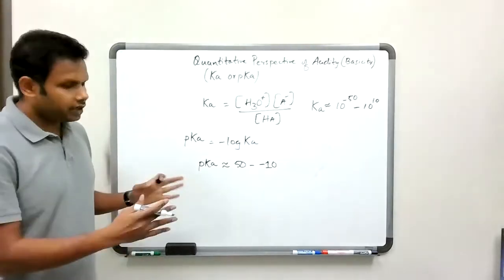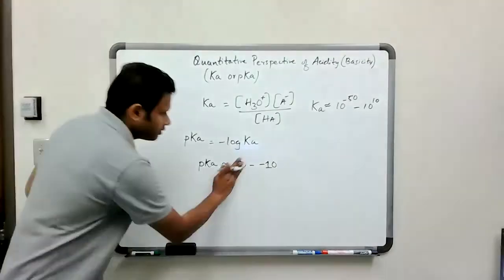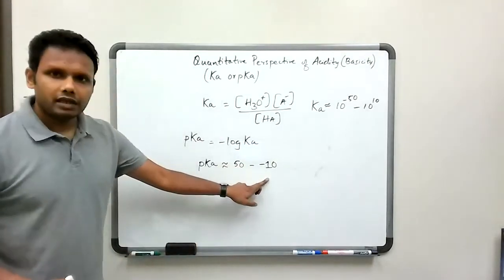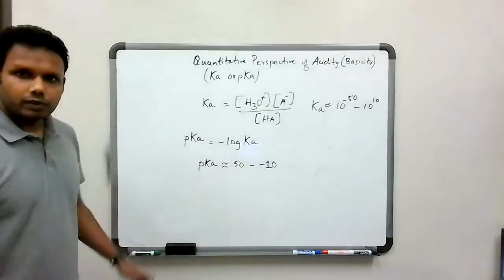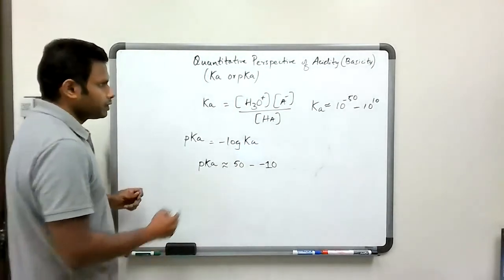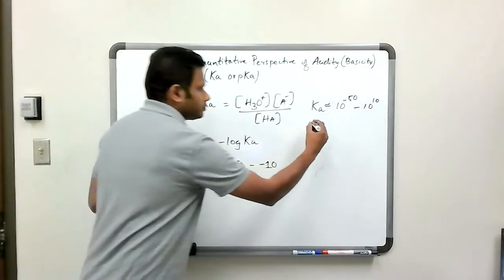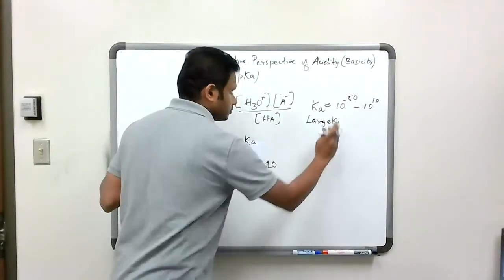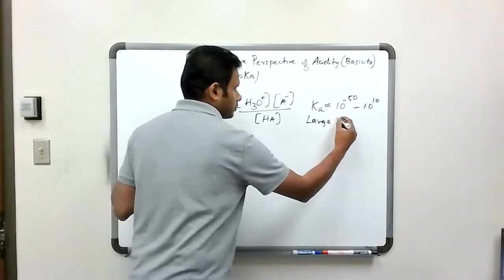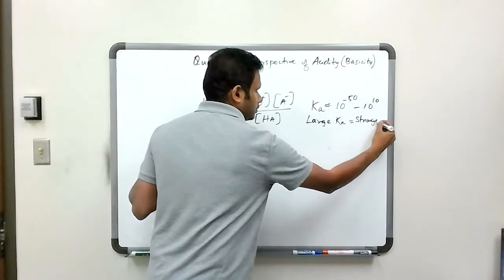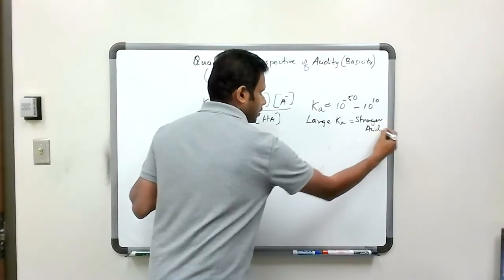So that is the range for typical acids that we will be considering, between 50 and negative 10. That would be the range for pKa values. Now, when it comes to Ka, a large Ka is a stronger acid.